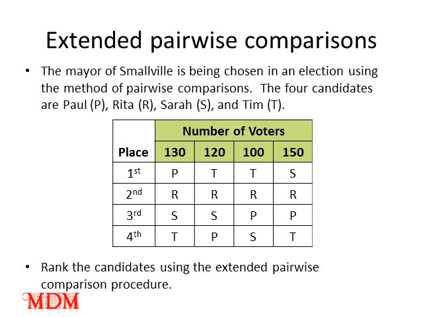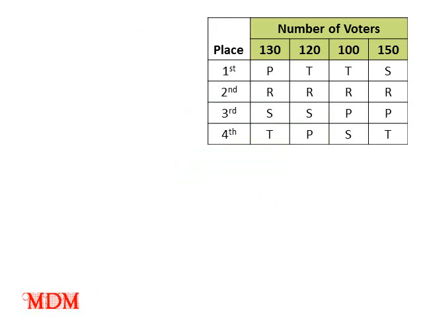The four candidates are Paul, who's represented with a P, Rita, represented with an R, Sarah, represented by S, and Tim, represented by T. We're told to rank the candidates using the extended pairwise comparison procedure.